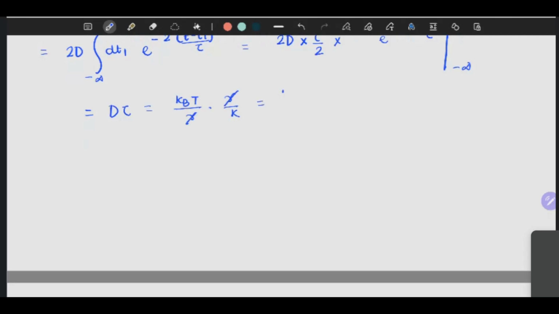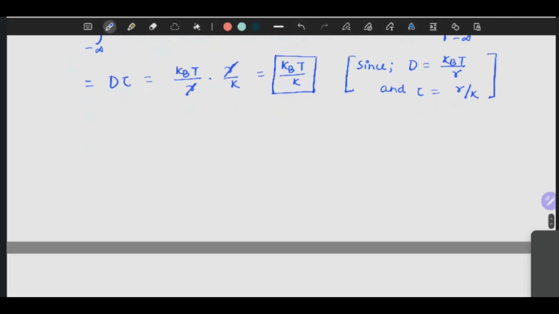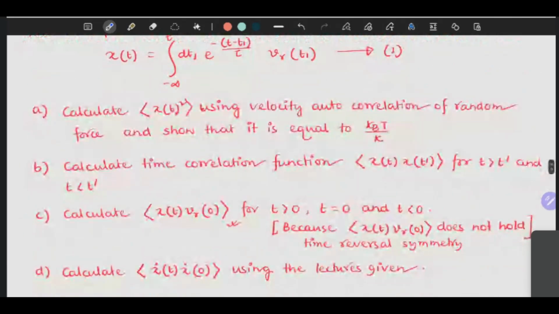That cancels out and it brings kBT by k, where k is the stiffness constant. So this term is done. Okay, so part one is done.